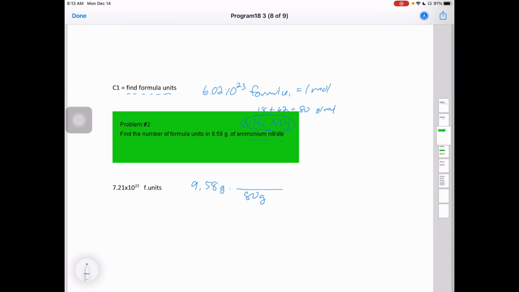And I could put 1 mole up here and then do a conversion of 1 mole, which is 6.02 times 10 to the 23rd formula units. And what I could do is cancel these moles and just do a single conversion, depending on, this is Mr. Hood, depending on your teacher.